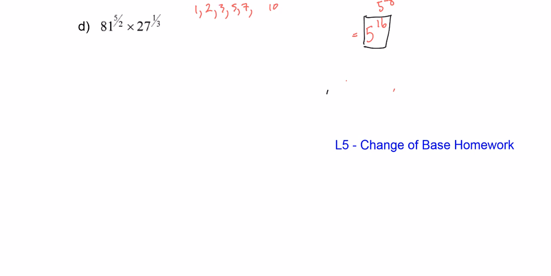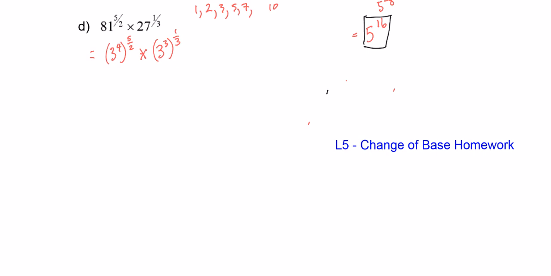So we find that 81 can be replaced by 3 to the 4, and we still leave our exponent on the outside. And then we're going to times that by 3 to the 3 raised to the power of 1/3.